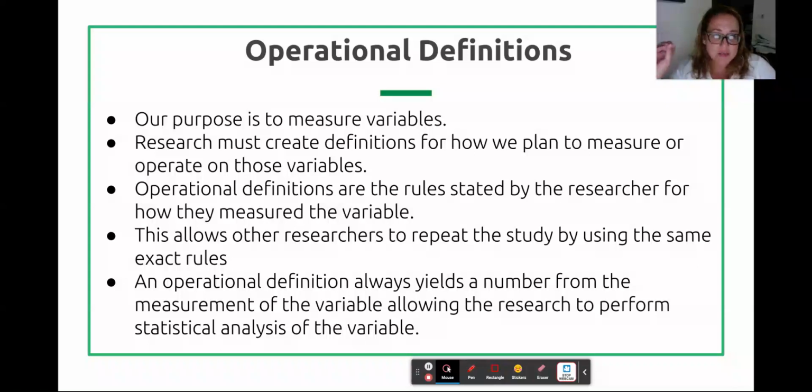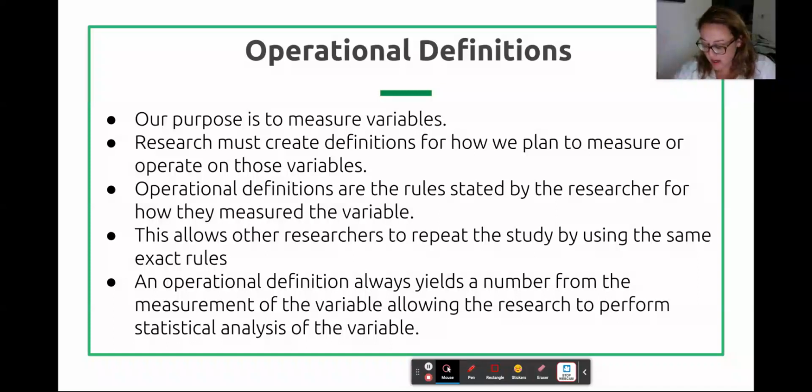And the reason behind that, and that's your next little bullet for operational definition, is that it must be detailed so it can be replicated. So every research is all about replication. So make sure to write that every word needs to be detailed so that it could be replicated.